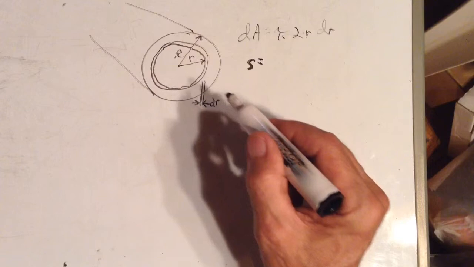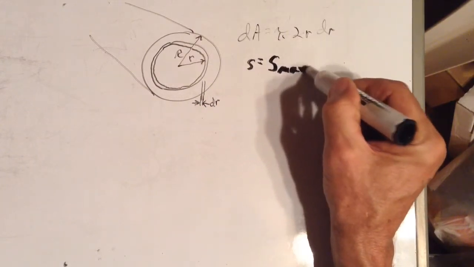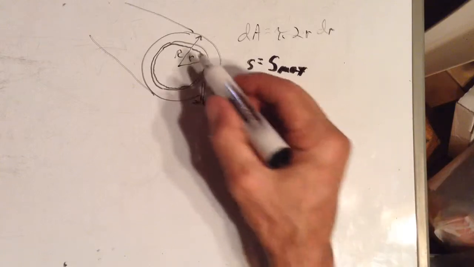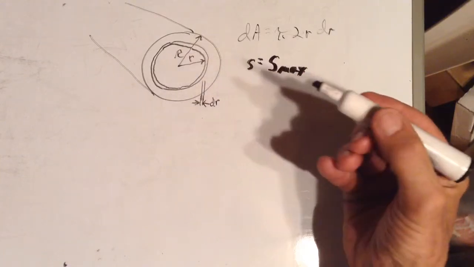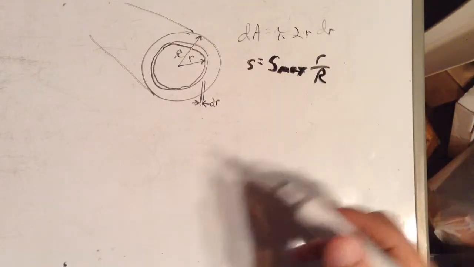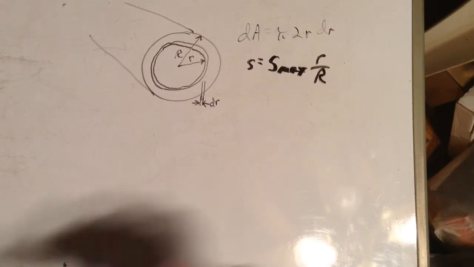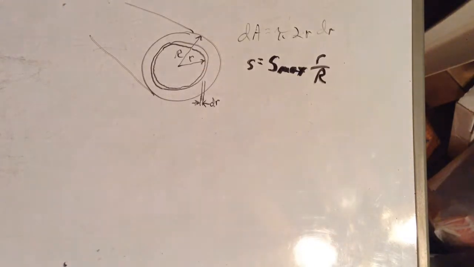The stress here at the ring is equal to the maximum stress times this ratio of little r to capital R. Okay, the distance from the ring to the center of the shaft, from there to there, is just lowercase r.